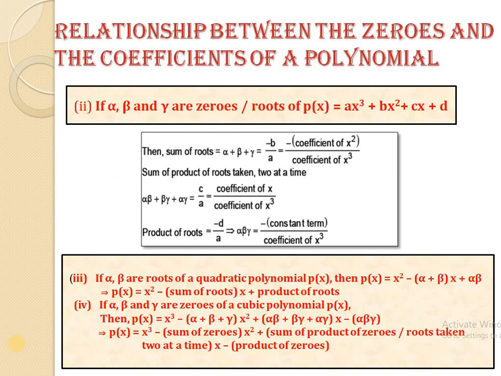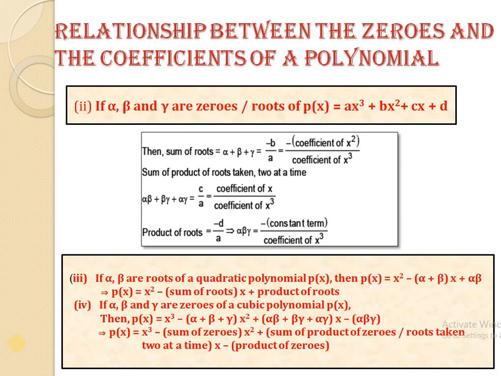Now similarly, we can find the relationship between the zeros and the coefficients of a cubic polynomial. If alpha, beta and gamma are the zeros or the roots of the cubic polynomial ax cube plus bx square plus cx plus d, then the sum of roots, alpha plus beta plus gamma, equals minus b by a, that is minus of coefficient of x square upon coefficient of x cube.